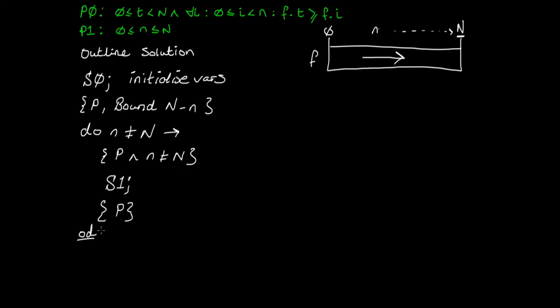The loop will finish, and at that point we should have our invariant P and small n will equal large n, because the loop will have terminated and finished, and that should give us back our original post condition.